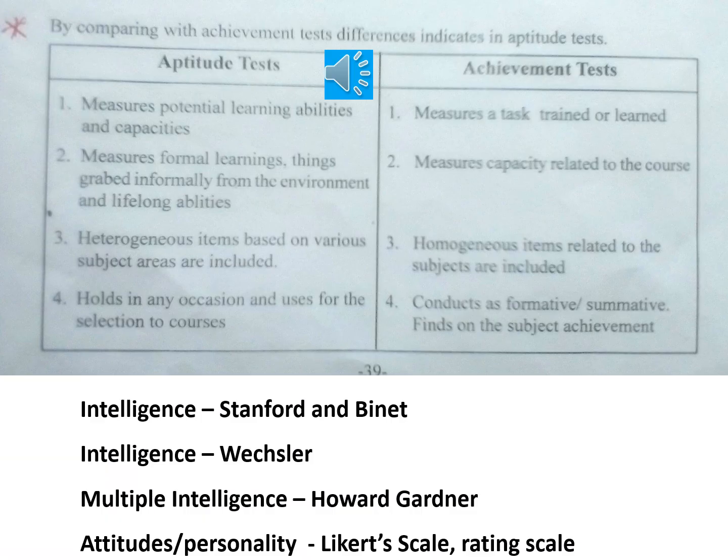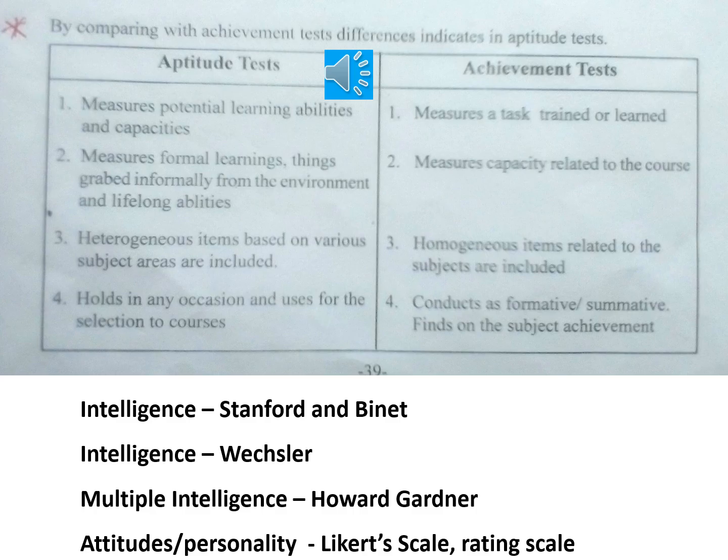Now, if we compare aptitude tests and achievement tests, we can say an aptitude test measures potential learning abilities and capacities. Actually, the present potential learning abilities and capacities. Achievement tests measure a task trained or learned, past ones, right? A task trained or learned, achievement.